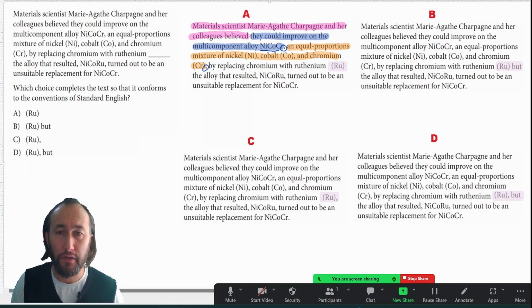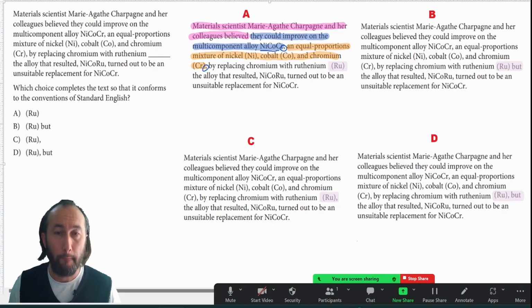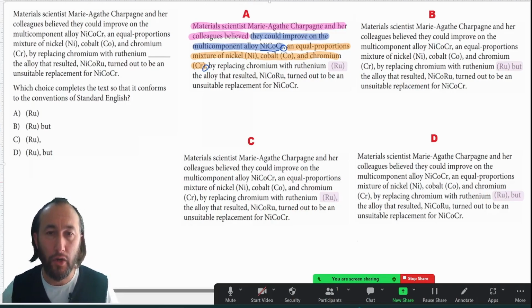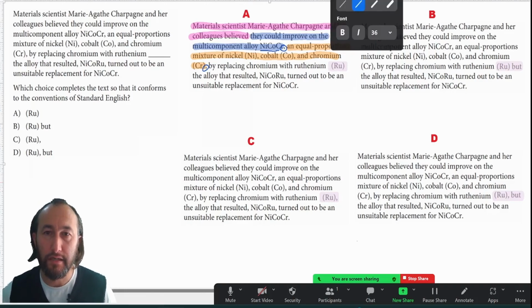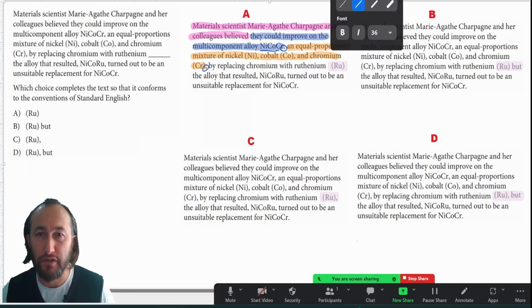Now, so they could improve on multi-component alloy NiCoCr. How? By replacing chromium with ruthenium. By replacing, this is what we call a prepositional phrase. By replacing is a prepositional phrase.